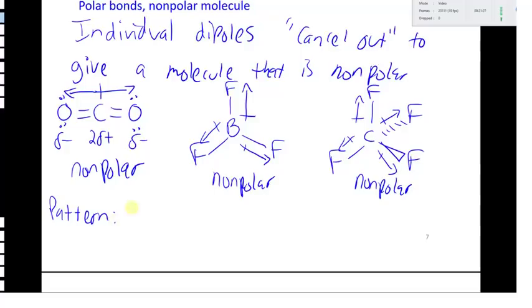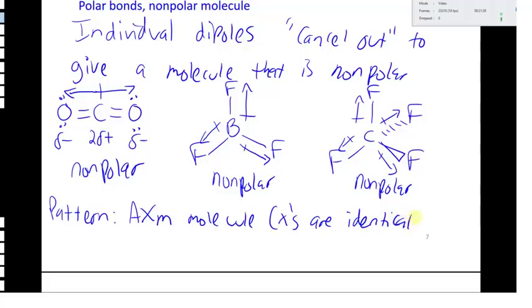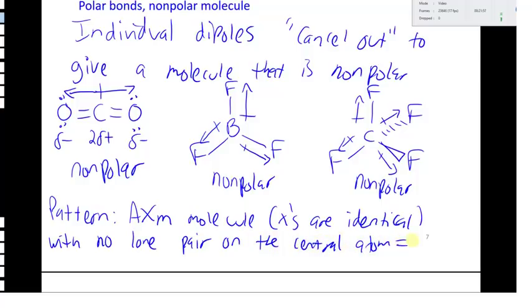So if we have an AXn molecule where all the X's are identical, or I should say with no lone pair in the central atom, these are all going to be nonpolar.